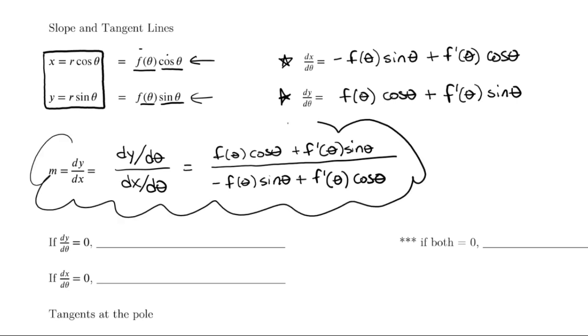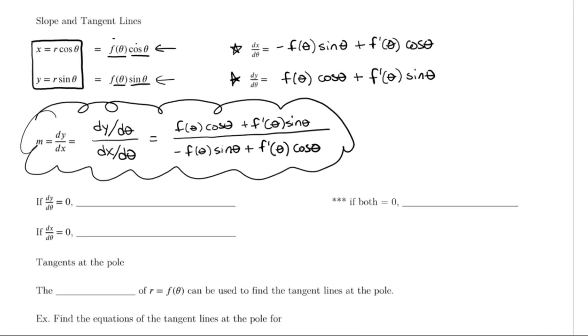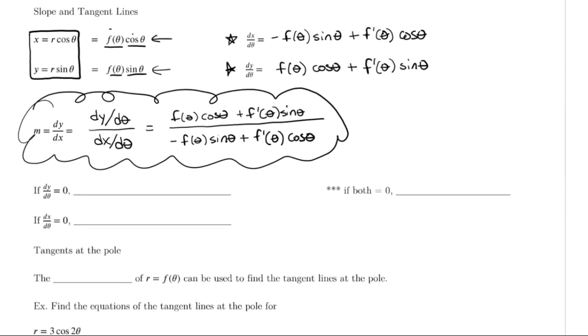This looks way harder than I think it's going to be, and I think it's going to be easier to take these derivatives. You just have to remember how to rewrite x and y appropriately using these r's that are not just necessarily going to be numbers, they're going to be functions of theta. So we're doing everything through theta, no r's.